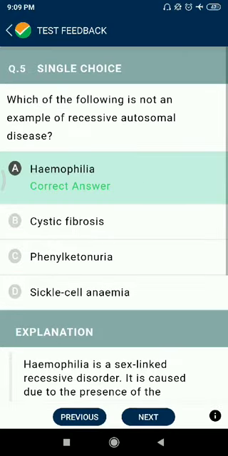Question number 5. Which of the following is not an example of recessive autosomal disease? Hemophilia is not a recessive autosomal disease. It is a sex-linked disease. But cystic fibrosis, phenylketonuria and sickle cell anemia are recessive autosomal diseases.